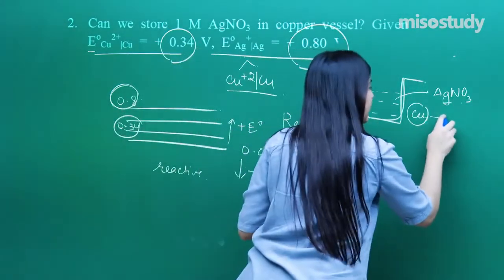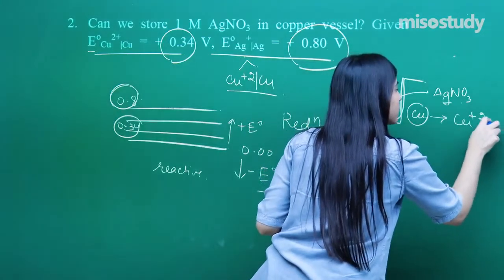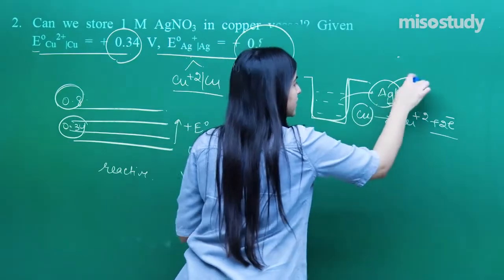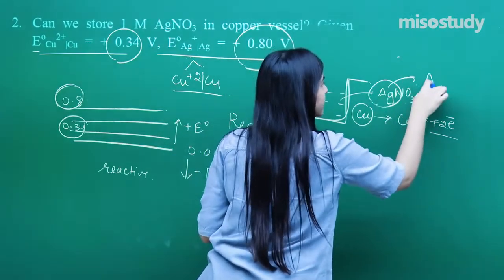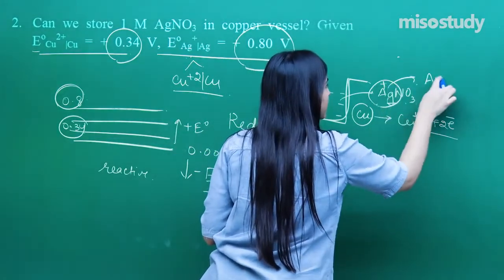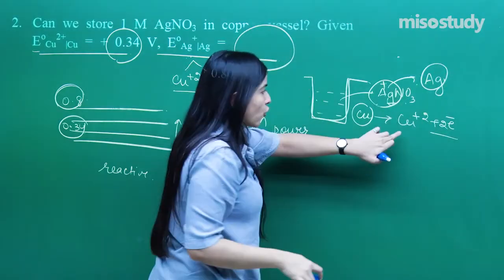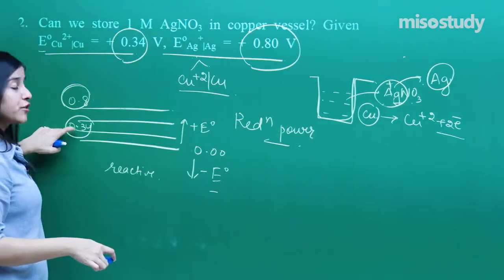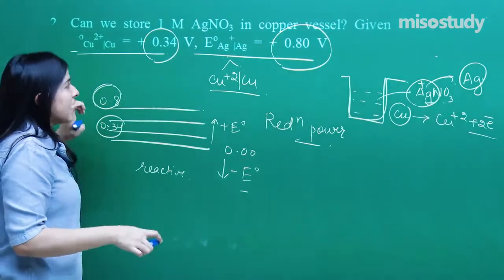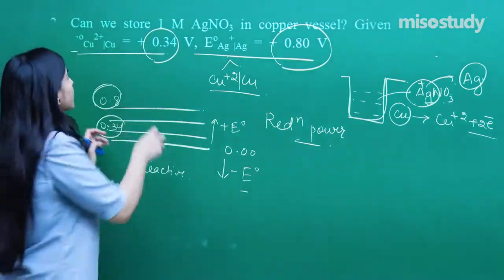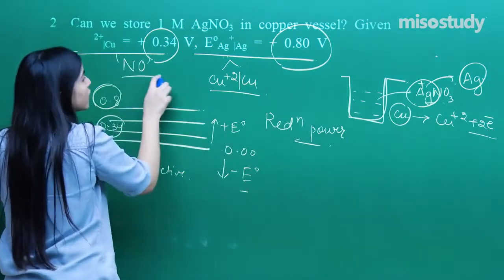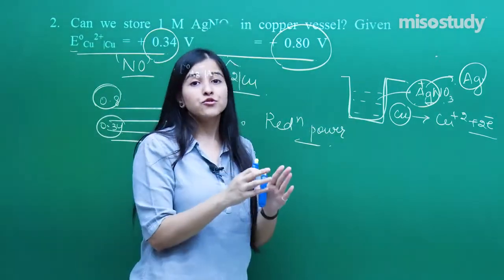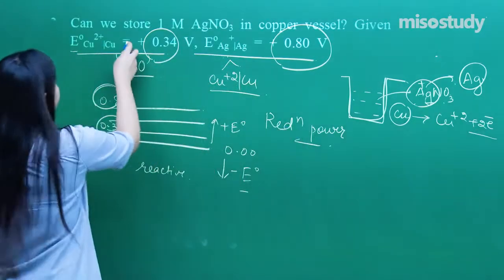It can give up copper plus 2 ions plus 2 electrons to reduce Ag positive into Ag. Copper is reducing Ag because it has more reactivity, more reducing power, and that is why we cannot store it.